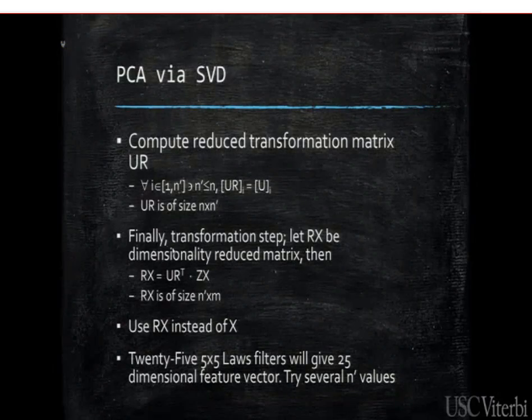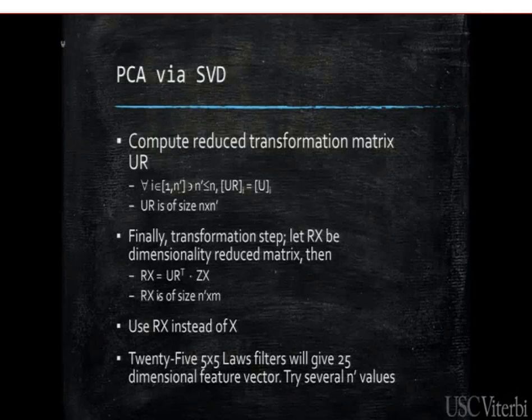Finally, the transformation step. In this step, you use the zero mean feature vector and this reduced unitary matrix, and this is how you obtain the transformation. So this is your original feature, and this is the reduced feature.